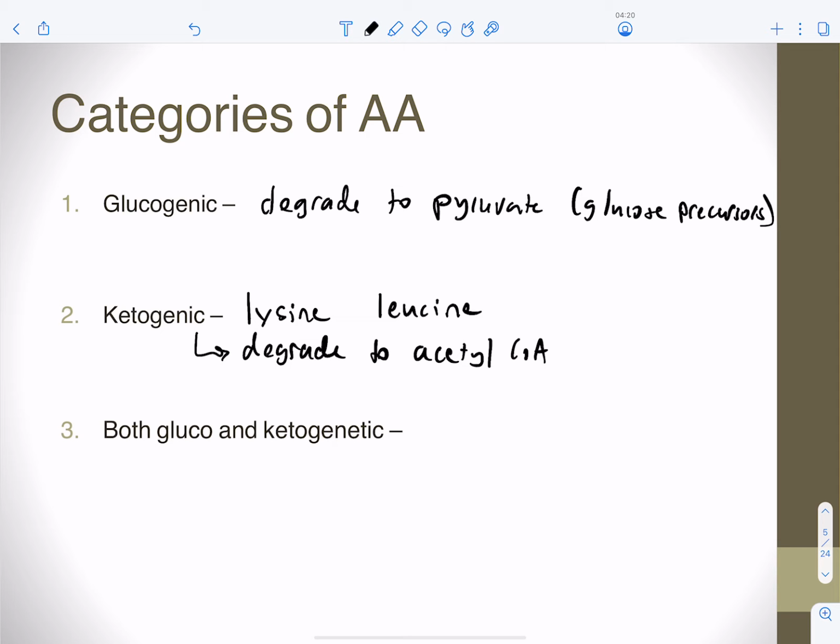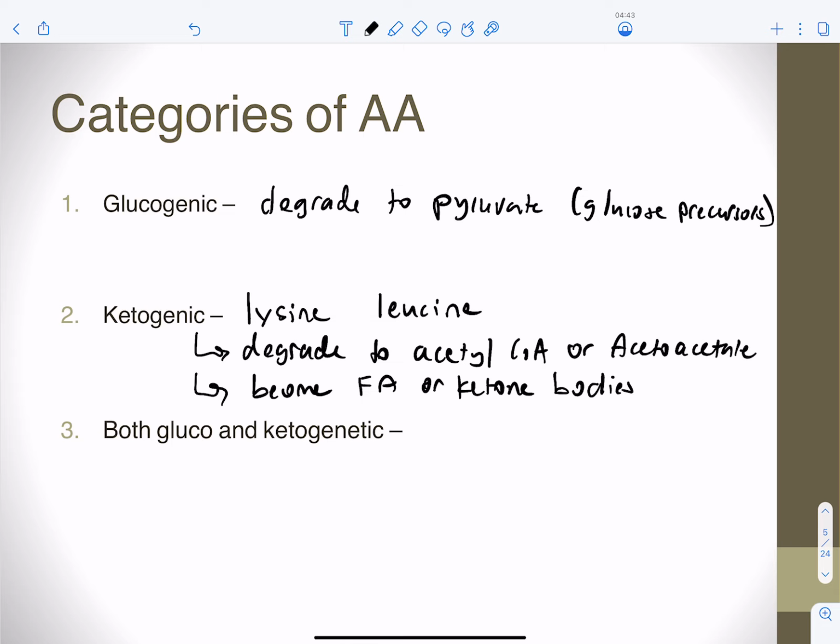As you know, acetyl-CoA carbons are not used to make glucose. So they can become fatty acids or ketone bodies. There are only two that are ketogenic, so it's very easy to remember: lysine, leucine, ketogenic.